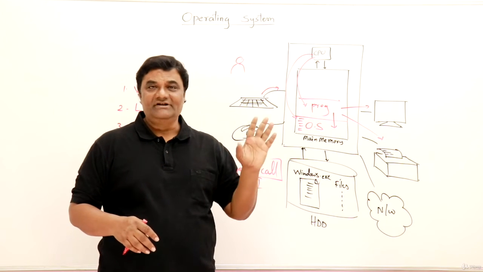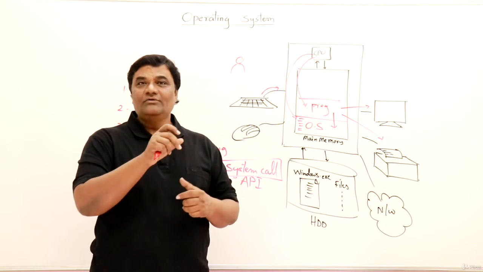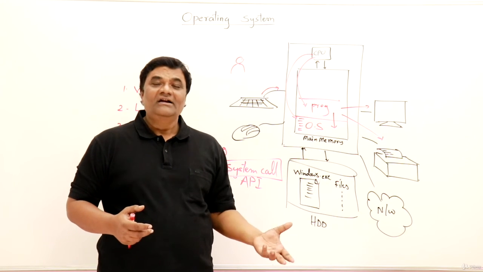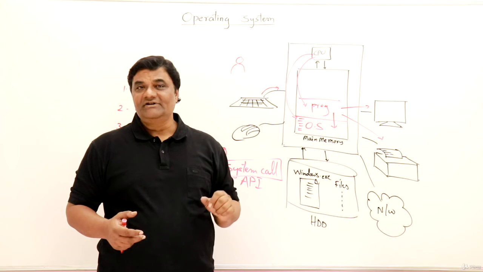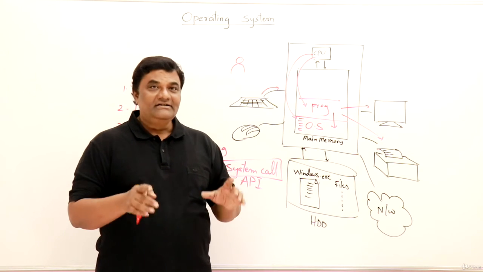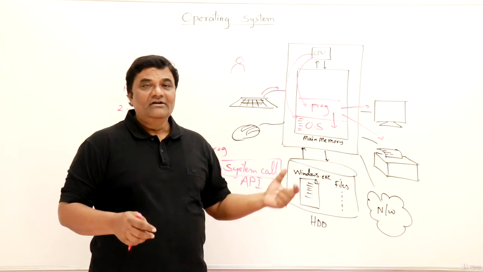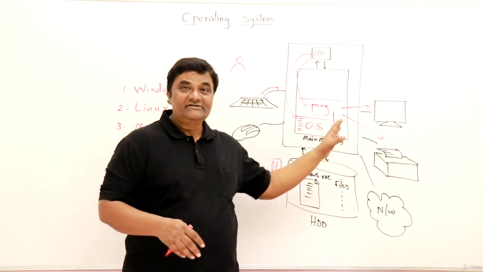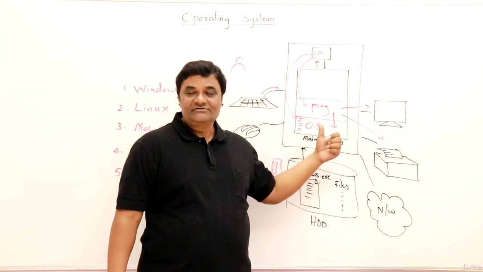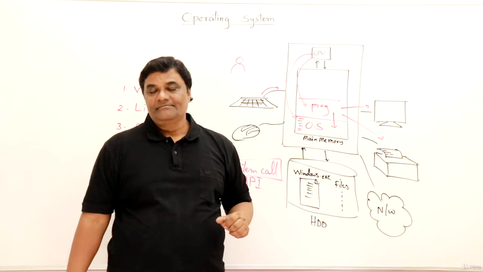A student cannot directly go and pick up a book and take it home. He has to request the librarian, and when returning, give it back to the librarian. So the librarian manages the library, that is, the resources. In the same way, the operating system manages all the resources of your computer system, and programs use these resources with the help of the operating system.